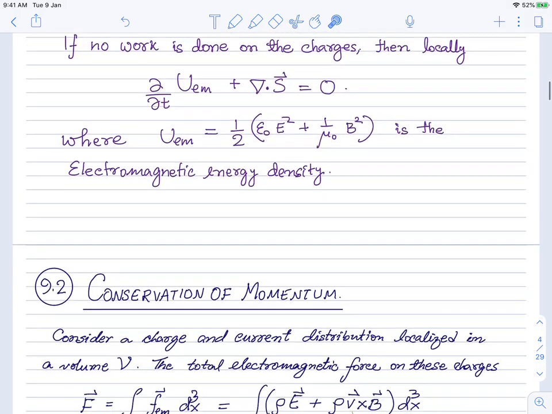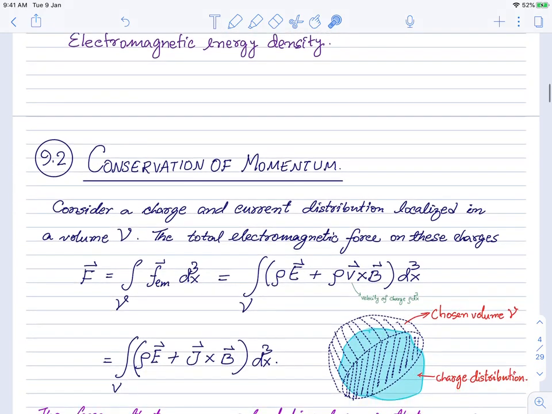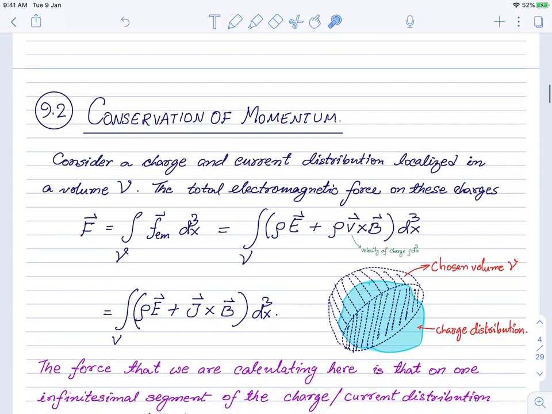All right, now let's move on to the next topic, which is conservation of momentum, or linear momentum. For this, let us look at the expression for force. We have used it many times: the force is given by the integral of a force density, which is given by this expression.